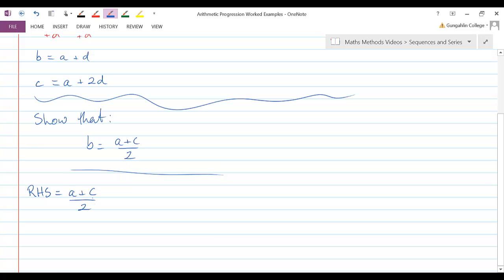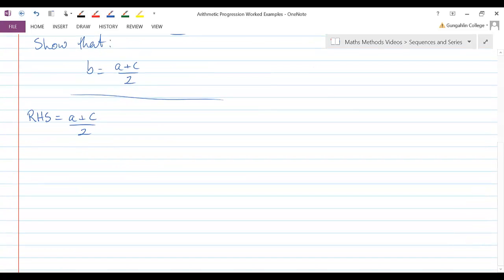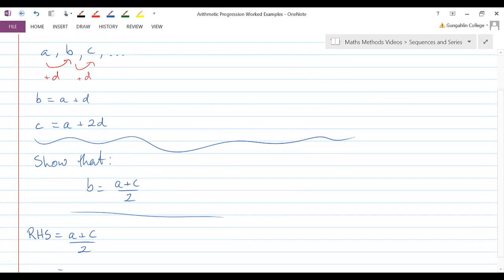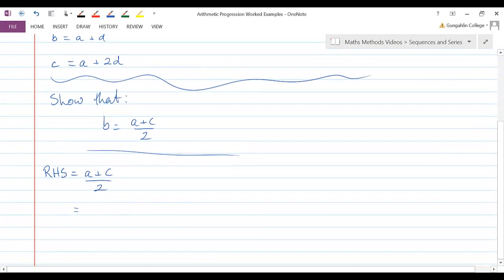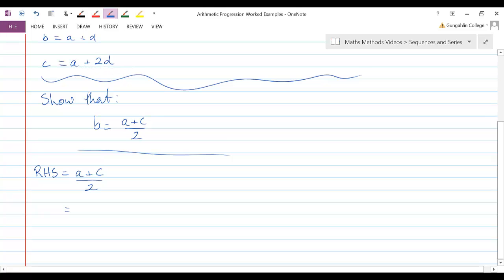Each step from here, I'm going to be taking something from the previous line and tweaking it down, down, down until I get to the B. So I'm going to make the substitutions that I have done up here. Now A is just A. I didn't really make a substitution for that, but I can make a substitution for C. C, we said, was equal to A plus 2D.